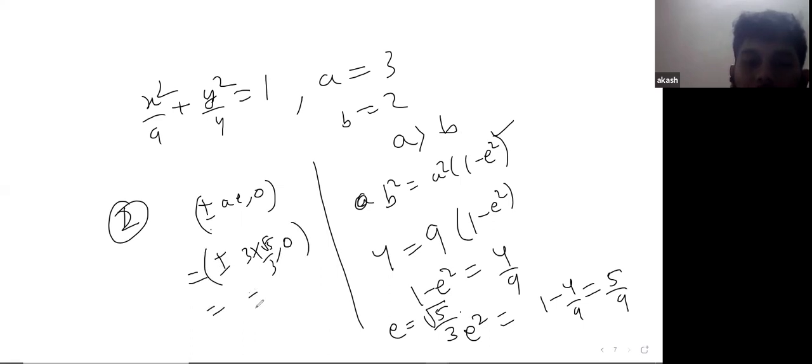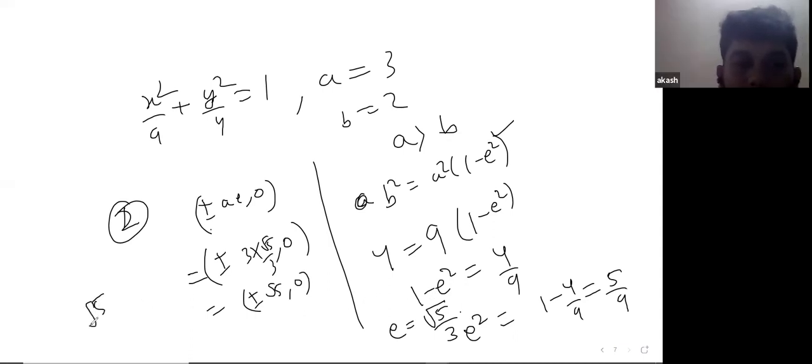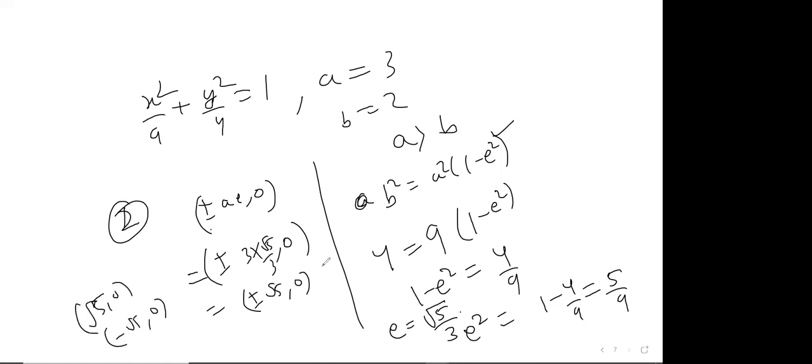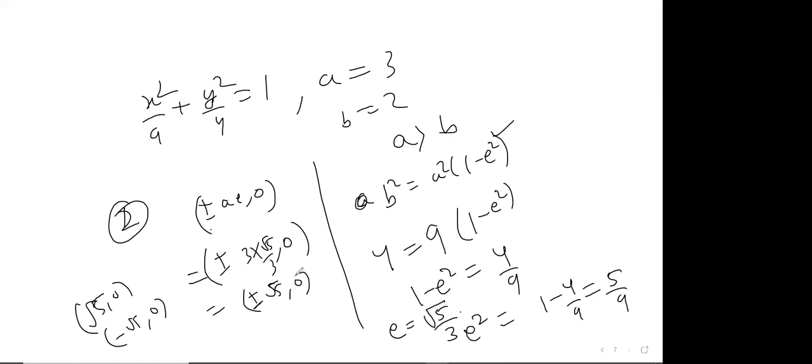So this is plus minus root 5 comma 0. So that is plus minus: one is root 5 comma 0, other one is minus root 5 comma 0.